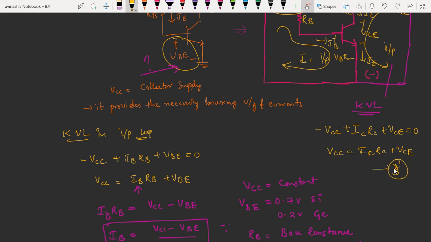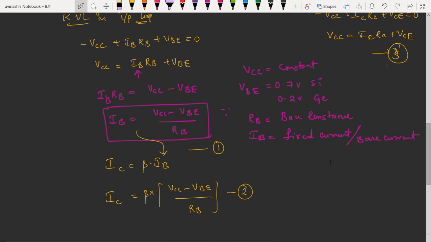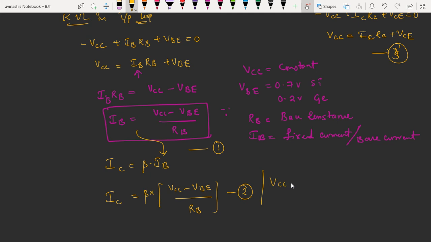That implies VCC is equal to beta into VCC minus VBE by RB into RC plus VCE.